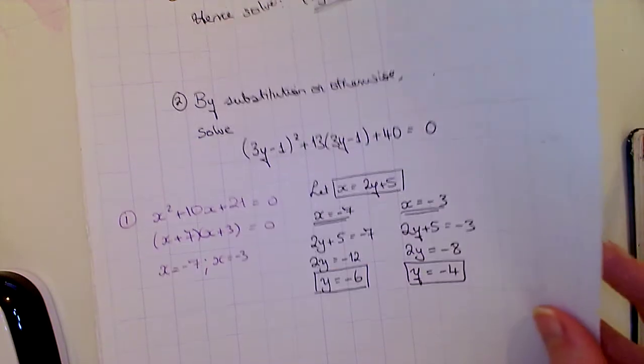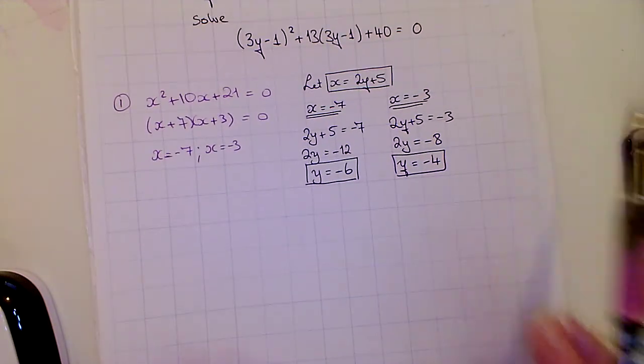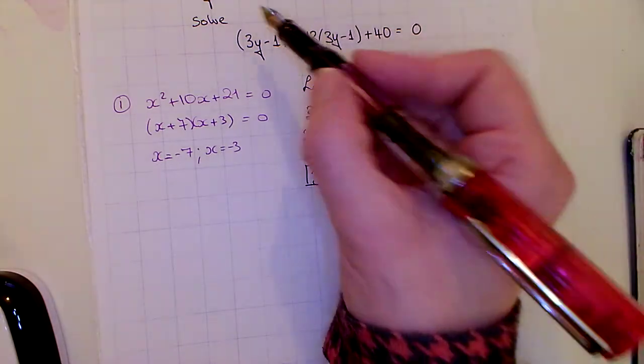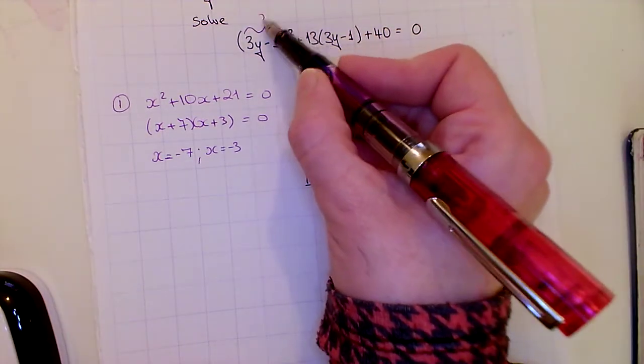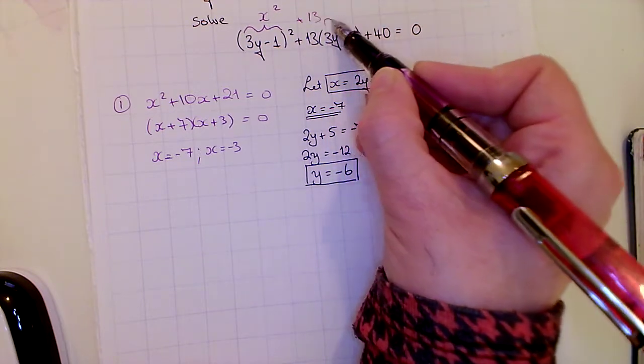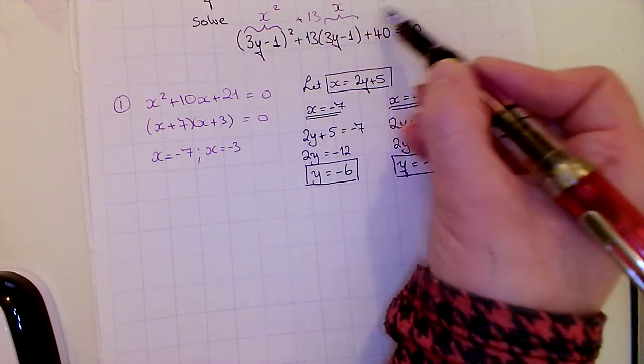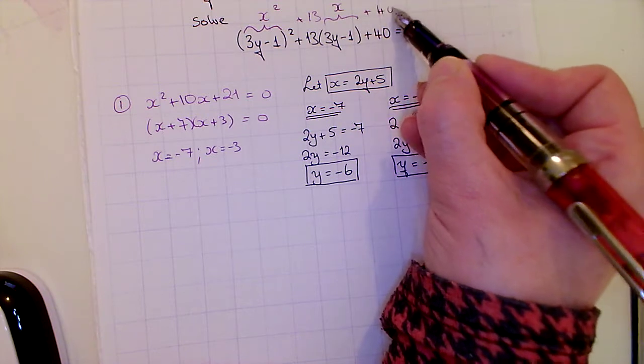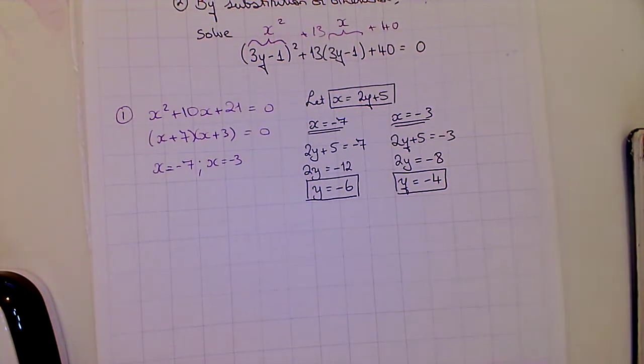But this is a shortcut that allows us to answer questions like this really quickly, because we can spot that this is following the pattern of a quadratic equation, with the same thing in every spot.